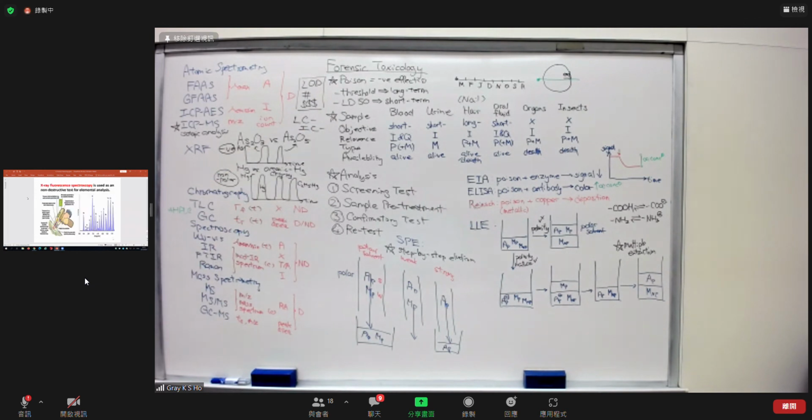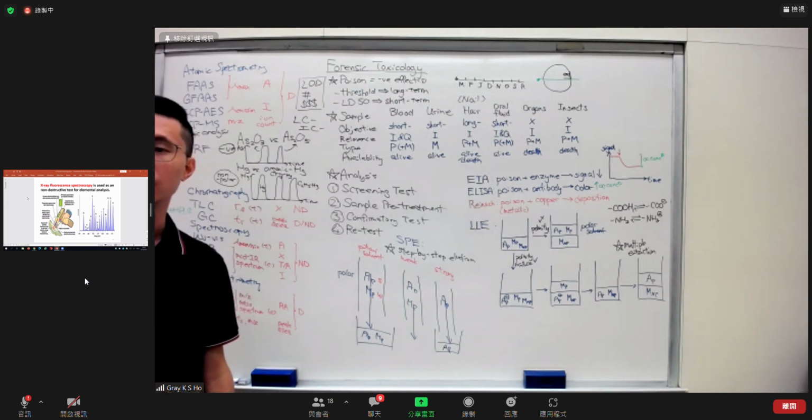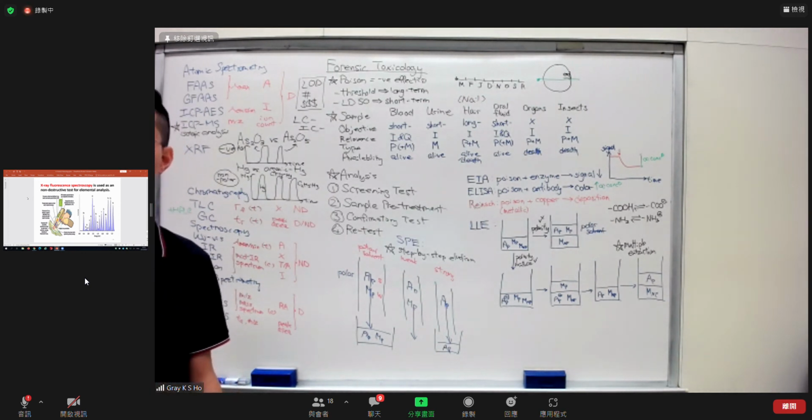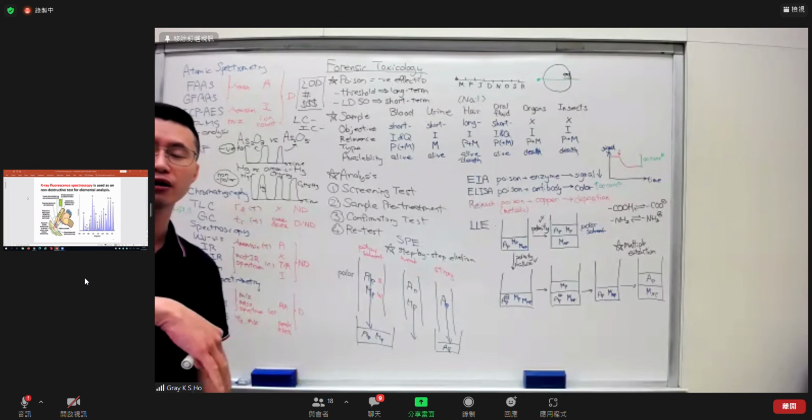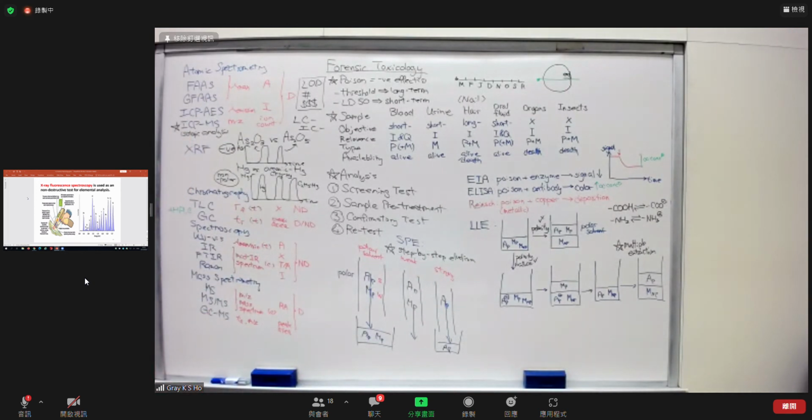To end this lecture, I will show you XRF for the last thing. XRF is X-ray fluorescence spectroscopy. With the X-ray beam, the inner shell electron of an atom is knocked out, so that an outer shell electron will fall back to the inner shell and fluorescence is given. Since the atomic configuration is quite specific to different metals, the fluorescence will be unique to each individual heavy metal.